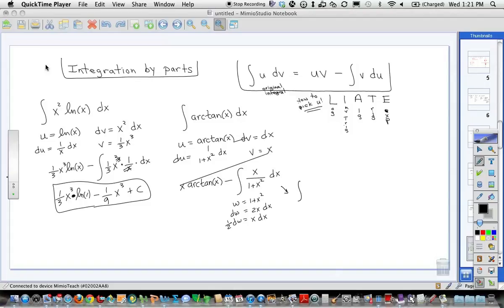So that integral would be 1/2 the integral of 1 over w dw, which is natural log. So this would be 1/2 natural log of w plus c.